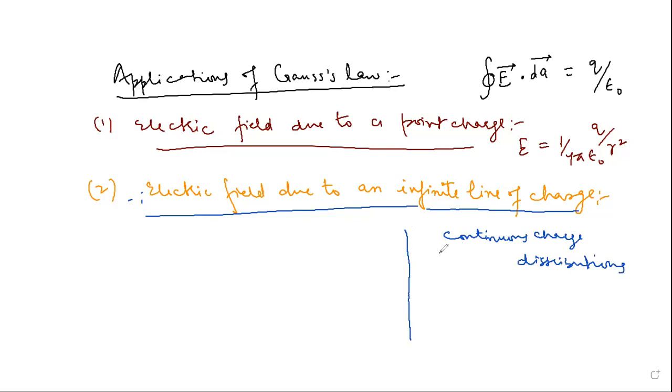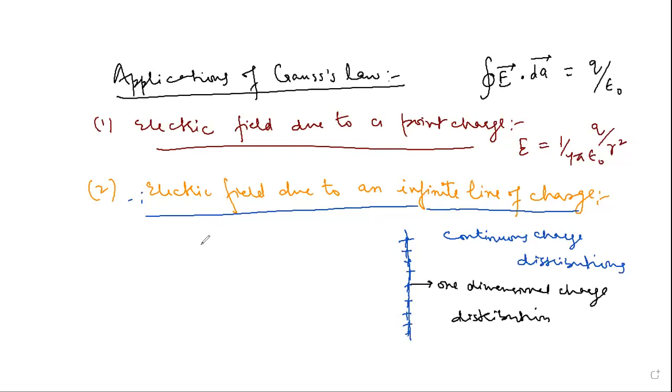Charge can be distributed in one dimension, like this line can be charged positively or negatively. This is one-dimensional charge distribution.